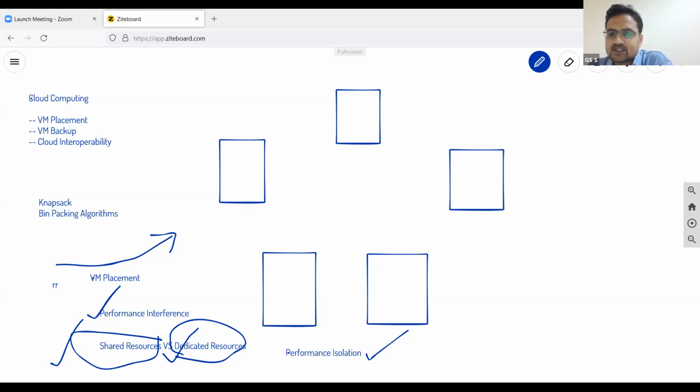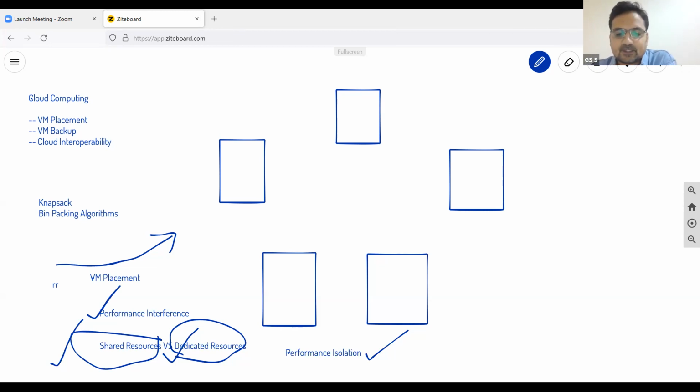Or you place a VM where the VM owner's other VMs are already kept, so that they can have quick communication. Or you place a VM at a place where the probability of migration is low, because migration has an overhead. So all such factors can be considered while doing VM placement algorithms.